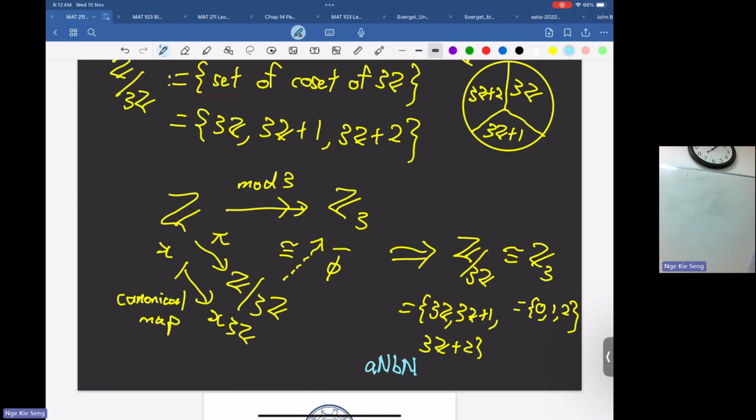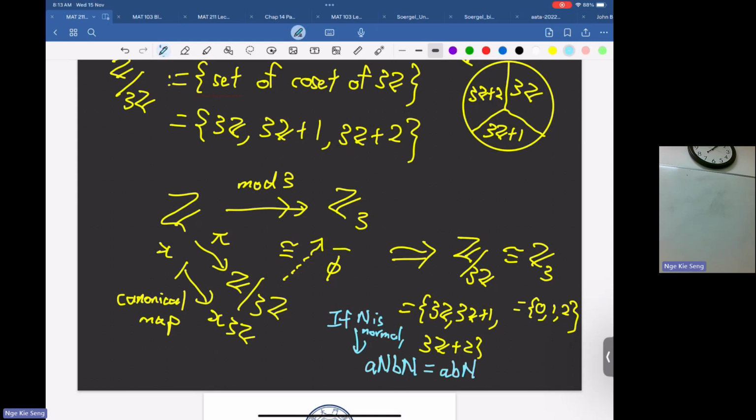We get abN. This is not always true. This is true when N is normal. A typical subgroup doesn't give you this composition. Only when N is normal can you do this.